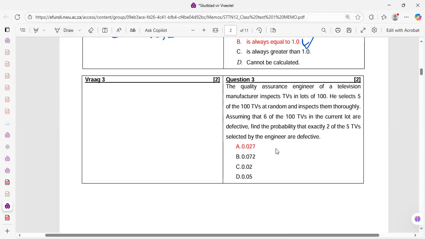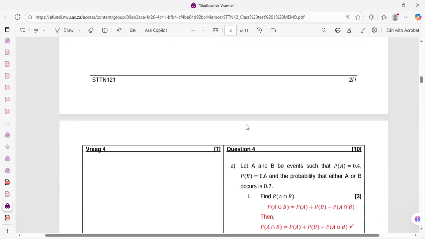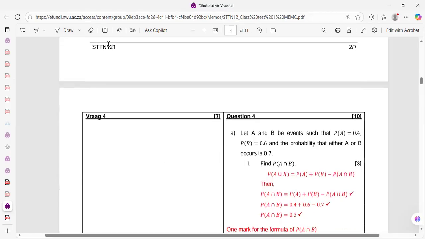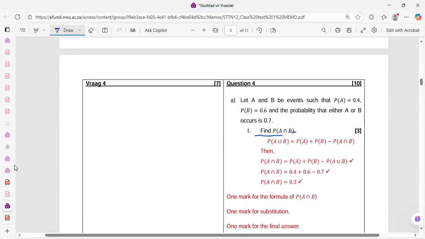Look at this. They want you to calculate what? The probability that exactly 2. You need to ask yourself what the question is based on. As for question 4, I believe that you guys can do question 4, because I already did this one from 2022.